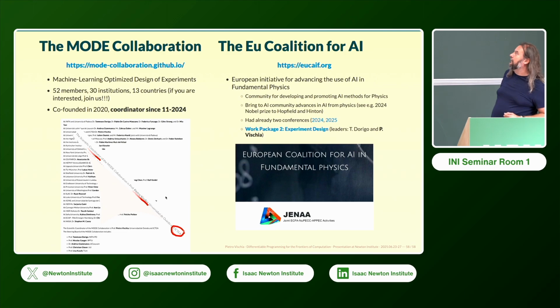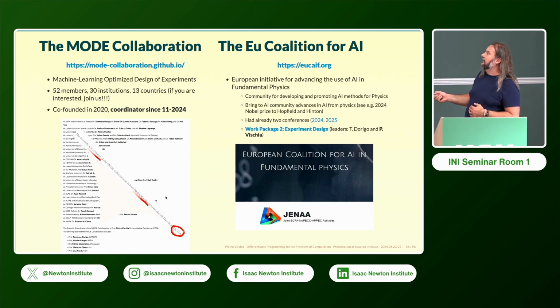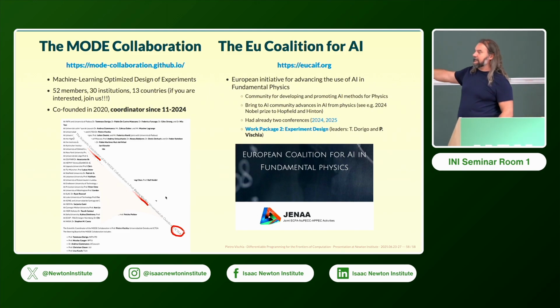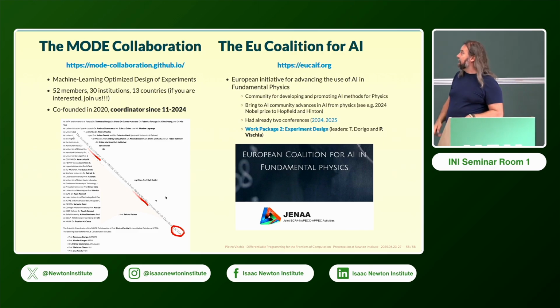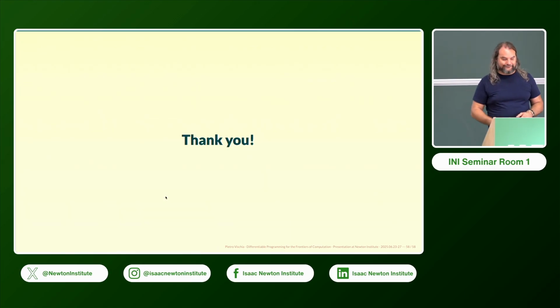We have built a group of about 50 people doing these things, working together, and we are also lobbying the larger coalition for AI in Europe to work on experiment design and coalesce people interested in these things. Thanks.